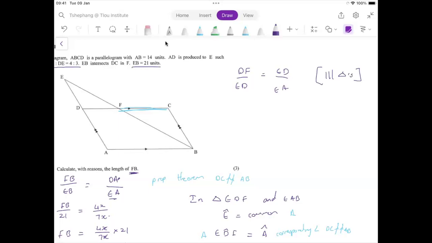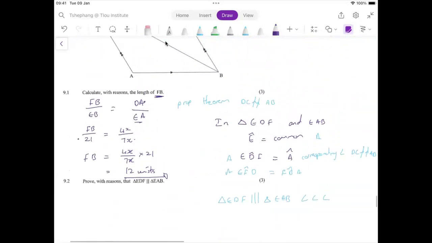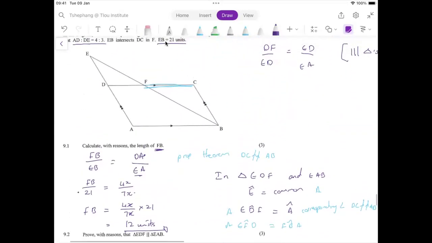Okay, now that we have that, what I'm going to do is say that DF is equal to ED over EA multiplied by ED. What am I doing? Sorry, I'm making a huge mistake here. Let me just fix it. If you can see my mistakes, please do correct me.